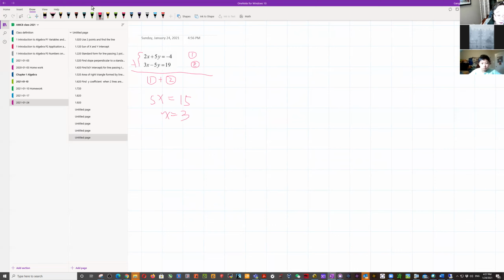X equals 3, then we can plug into one of the equations, for example 1. So 2 multiplied by 3, because x is already solved, plus 5y equals -4. And here 5y is going to be -4 minus 6, which is -10. So -10 divided by 5 equals -2. So basically these are the two answers.